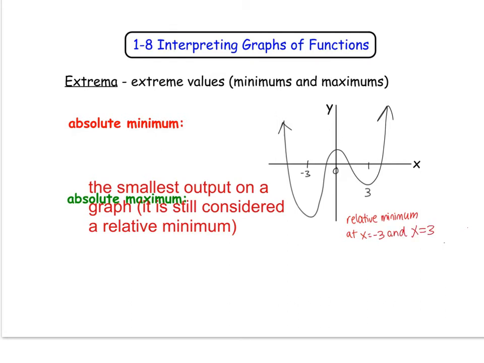And then I would say more specifically, the absolute minimum is that smallest value. So over here, while they're both relative minimums, this one is the smallest because it's lower than this one. So we would say the absolute minimum is actually at x equals -3. And then this one would not have an absolute maximum because it goes on forever to positive infinity on both end behaviors, but this would be a relative maximum.